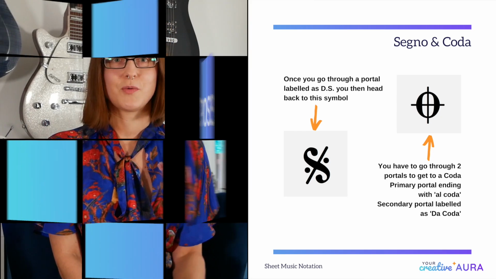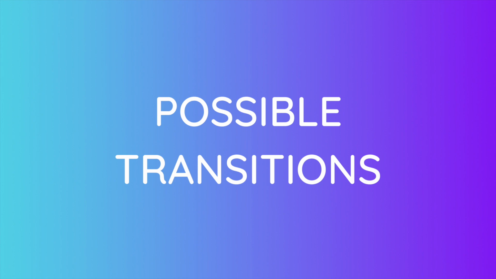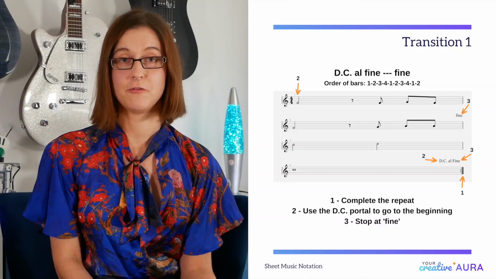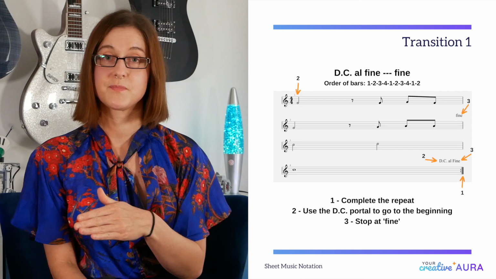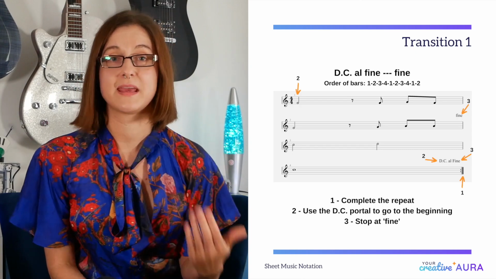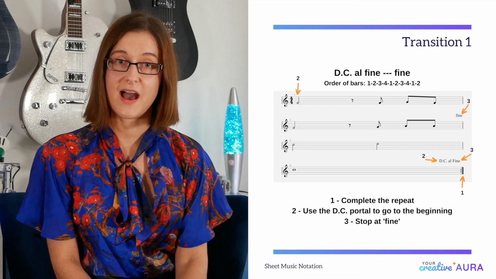So let's go through some possible transitions, because they can be rather confusing to follow or imagine in your head. I've put together 4 examples of possible transitions for navigational notation in sheet music, just so you can see how exactly they work. Our first one is DC al fine to fine, which means play from the beginning until the phrase fine.